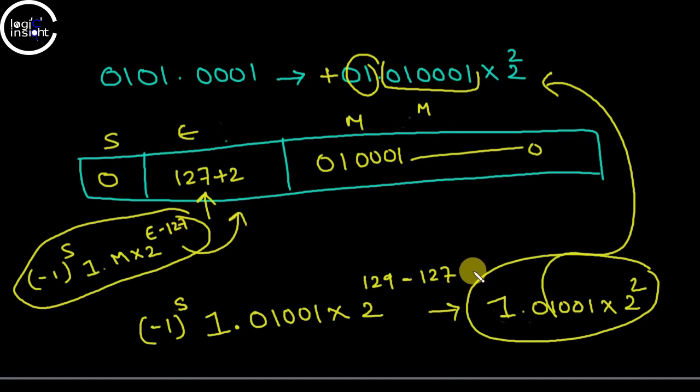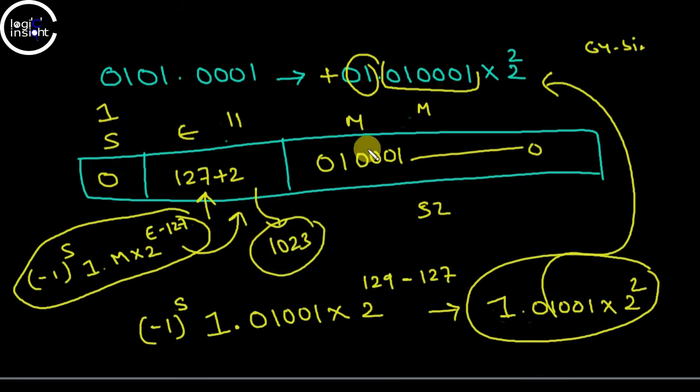I hope this clears your doubts about floating point representation. The same logic is applied for 64-bit representation also, in which the size increases. Here the mantissa is 52 bits, the exponent is 11 bits, and the sign is 1 bit. The bias also increases, to 1023.